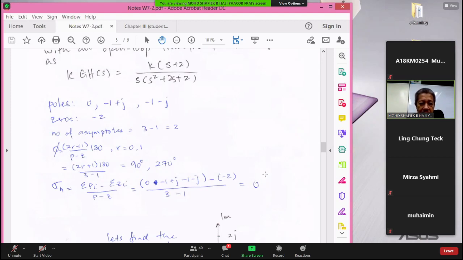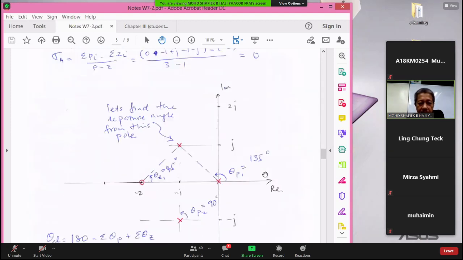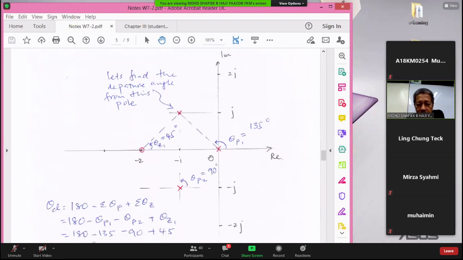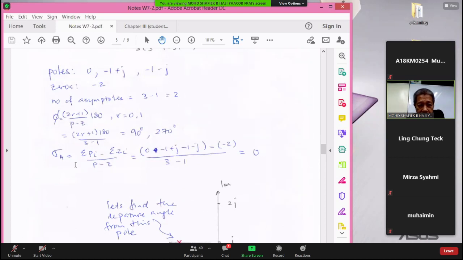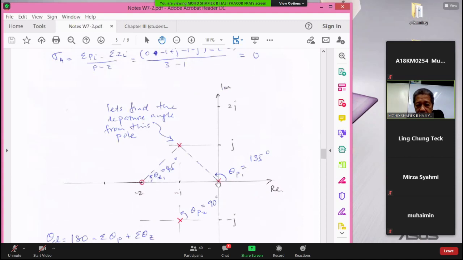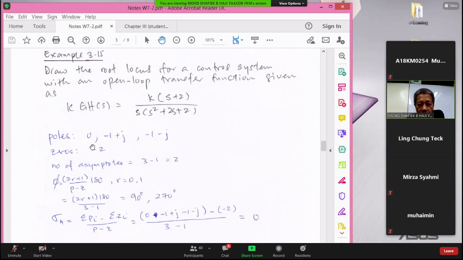Now you can draw the asymptote lines. You have 3 poles and 1 zero at -2. The intersection of asymptotes is exactly at the origin, coinciding with the first pole.